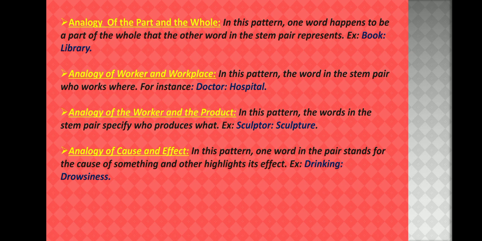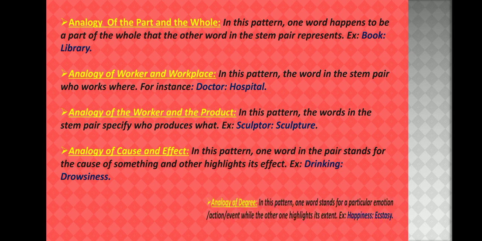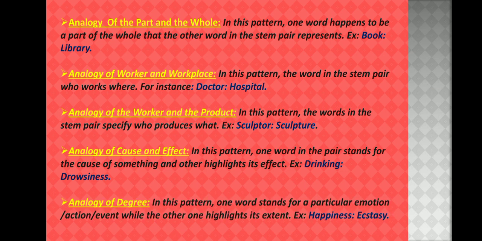Next, analogy of cause and effect. See, in this pattern, one word in the pair stands for the cause of something and the other highlights its effect. Example, drinking, drowsiness. Next, analogy of degree.